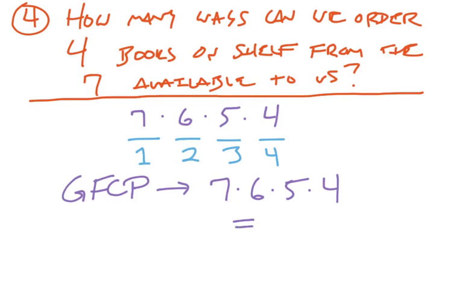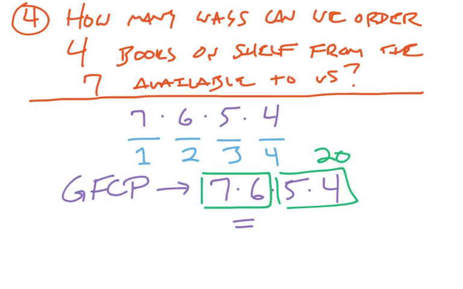Now this number is not nearly as nice to directly calculate, in particular because, for instance, Google can tell you what 7 factorial is. You just type in 7 factorial, and it will tell you the value. This one you would actually have to type in 7 times 6 times 5 times 4. So let's just do it here by hand. 5 times 4 is 20. 7 times 6 is 42.